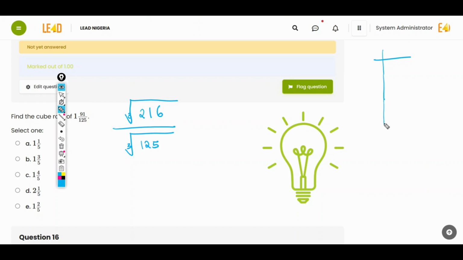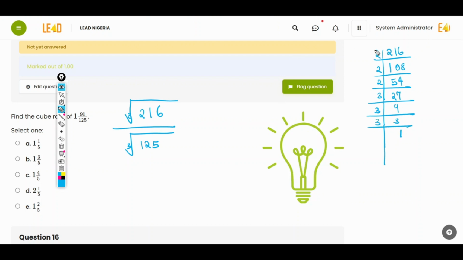216. Let's see if we can find the cube root. 216, we can use 2. This will give me 108. We can use 2 again, this gives me 54. We can use 2 again, this gives me 27. Now we'll move on to 3: 9, 3, 3, 3, 1.